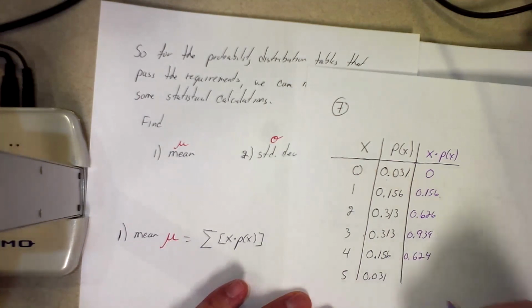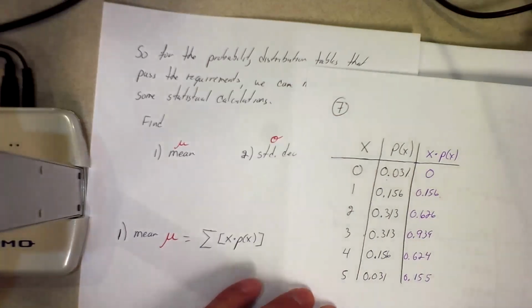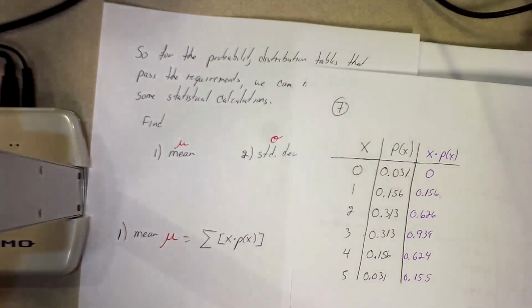And 5 times 0.031 is 0.155. You can double check for me just to be certain. Yeah, I think I got it.